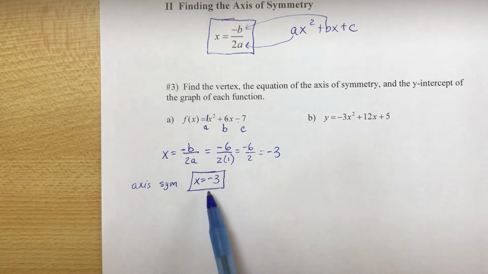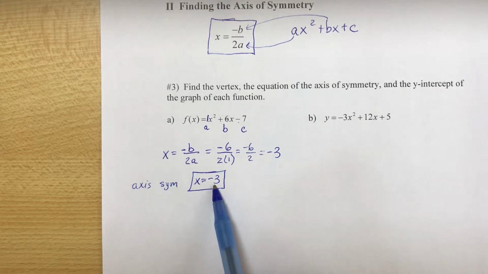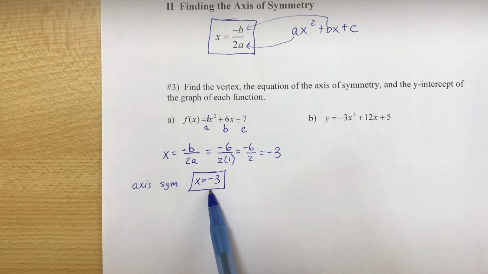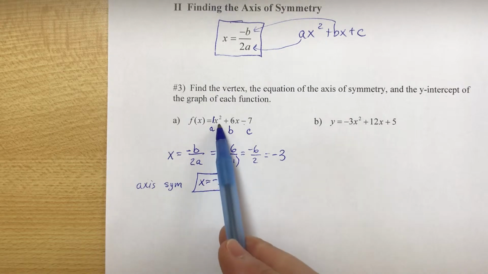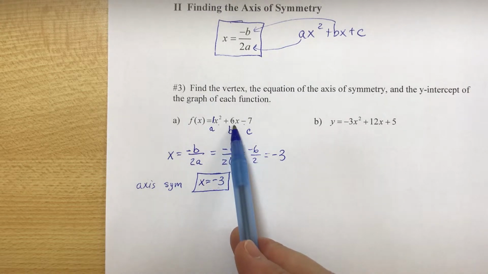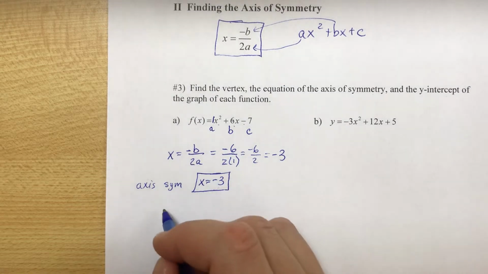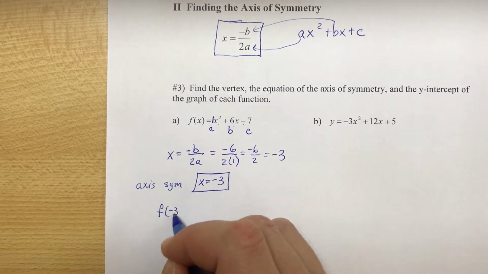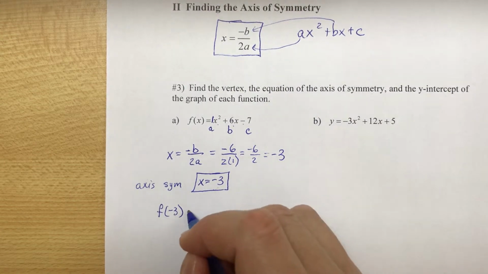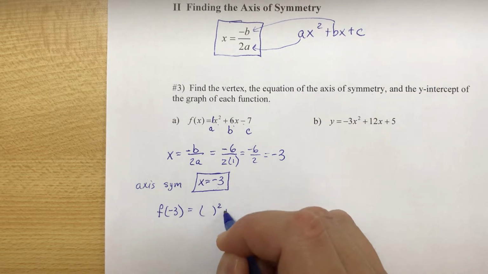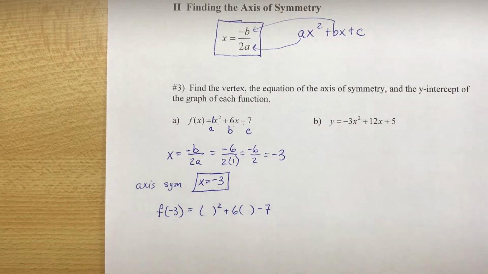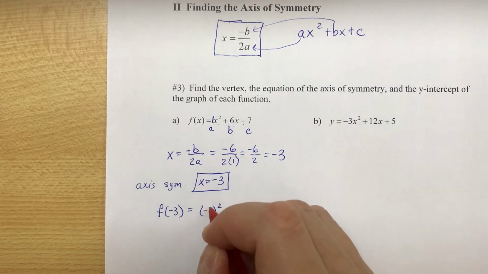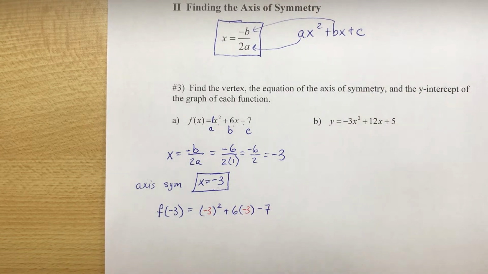Now, if you want the vertex, you already have the x value in the vertex. We just need the y value. So how do I find a y value? Well, I can always take an x value and substitute it into the equation. So I'm going to do the function f of -3. It was x squared plus 6x minus 7. Now I'm going to substitute -3 and work that out.